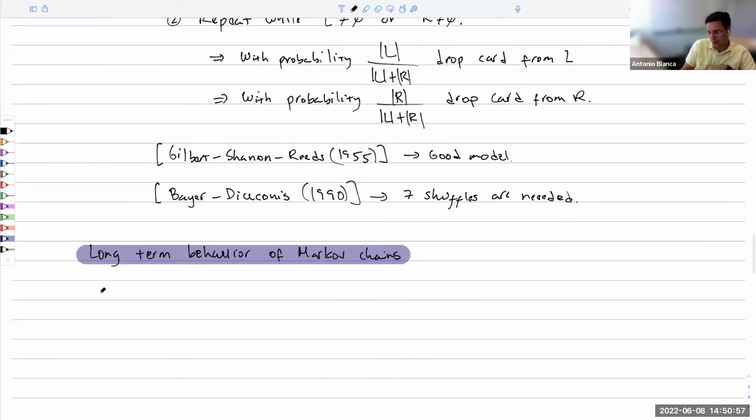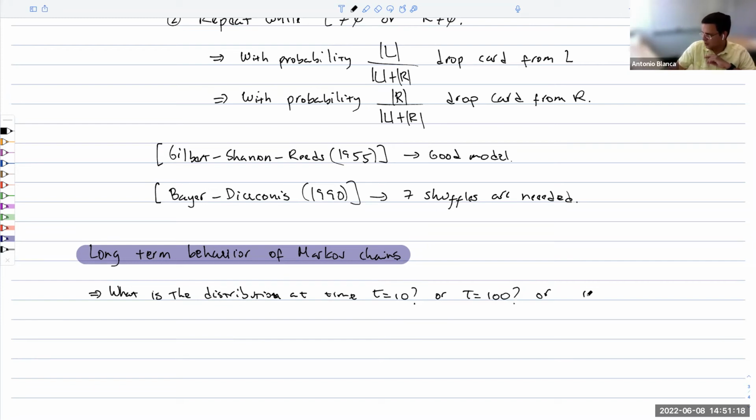So as I said, what we want to understand here is what is the distribution at time t equals 10, or t equals 100, or at infinity.